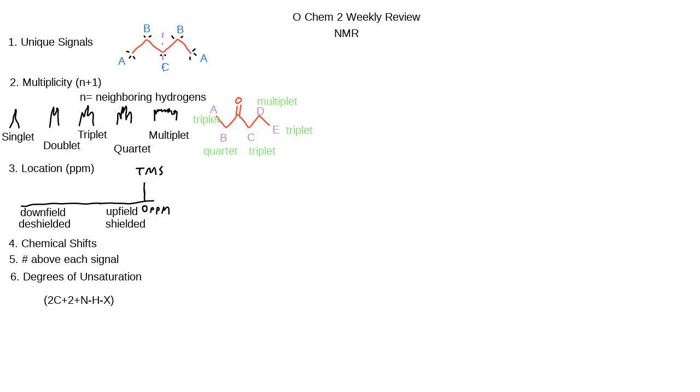All of this will be divided by 2. So again, C stands for carbon, N stands for nitrogen, H stands for hydrogens, X stands for halogens.